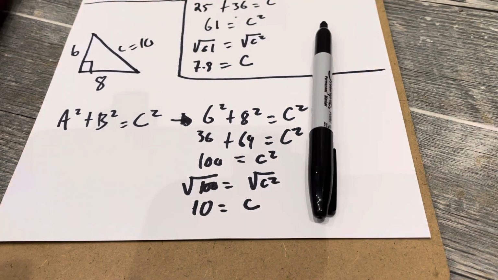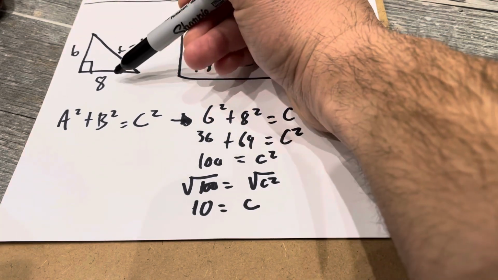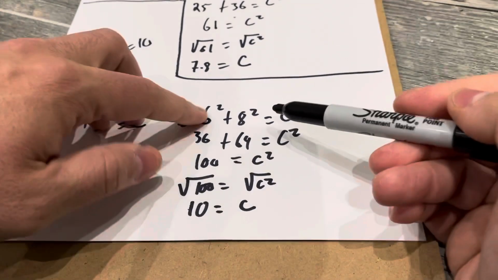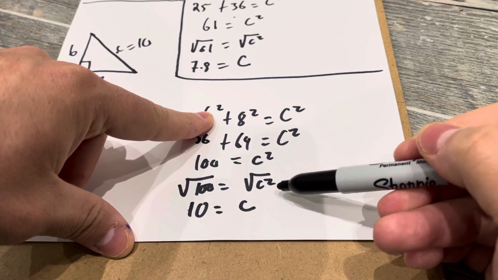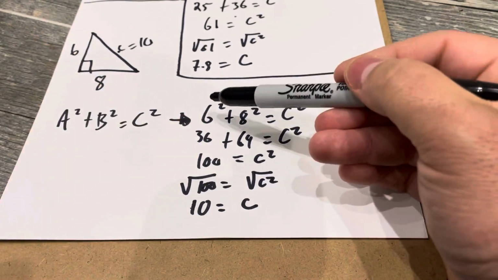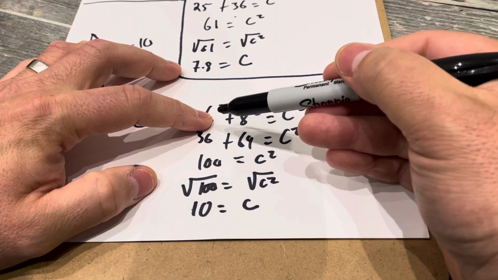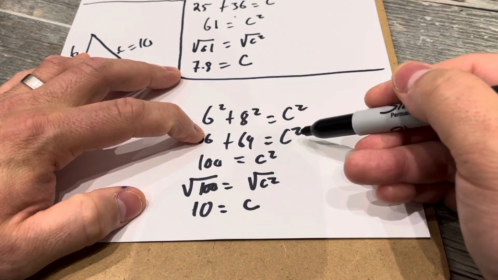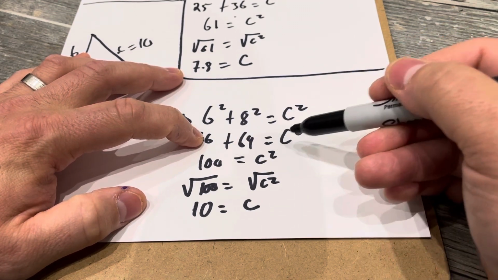Very simple. Now, let's say you have a and c, and you want to find b. You can take the same formula and reverse engineer it. You would have 6 squared and 10 squared, and then you would have to isolate for b. So you would solve your 6 squared, your a, which is 36, and your 10 squared, your c, which would be 100. So you'd have 36 plus b squared equals 100.